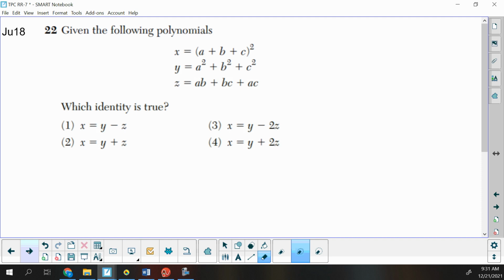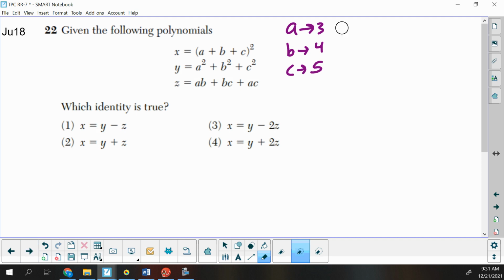Well, what we're going to do is let's get numbers for x, y, and z. To get numbers for x, y, and z, we've got to store values for a, b, and c. So when we store, remember avoid 0, 1, and 2. So let's make a be 3, b be 4, and c be 5.